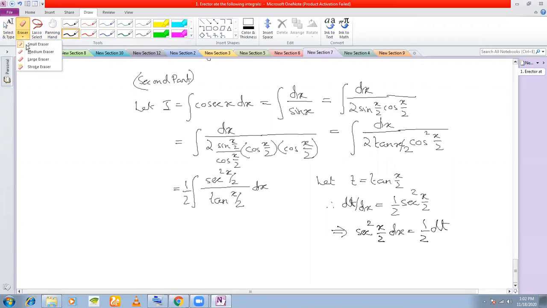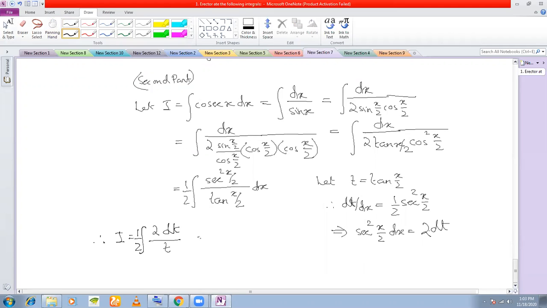It will be 2 dt, not half dt. So now you put it here. Therefore I becomes half as it is, and instead of sec square x by 2 dx we write 2 dt, and tan x by 2 we write as t.